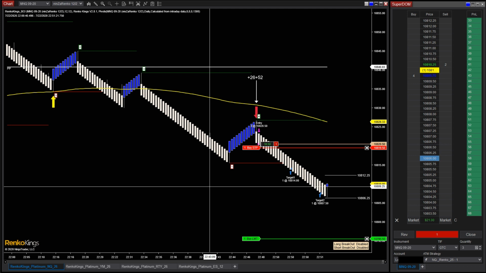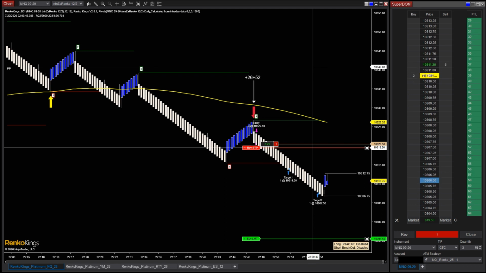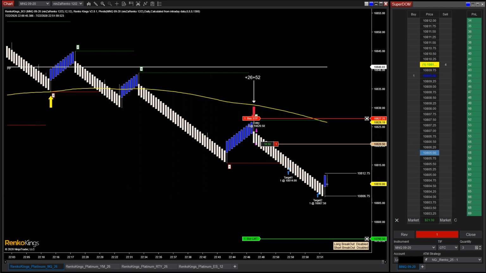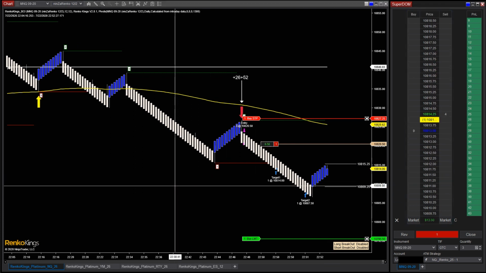And I'm probably gonna pull my stop back because I'm assuming this is gonna retrace. That's a long ways. Third target sitting out at 100 ticks.